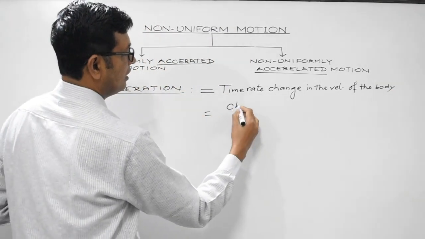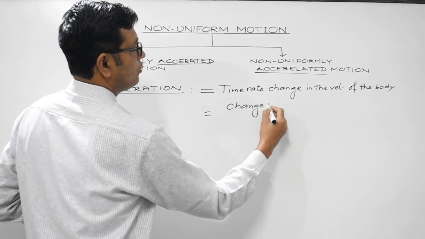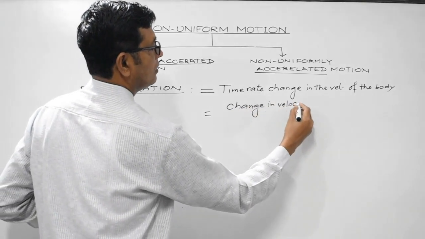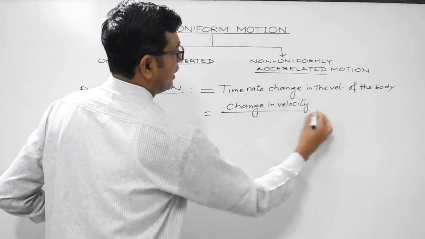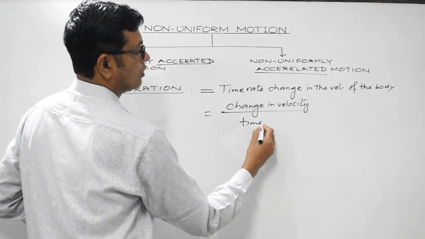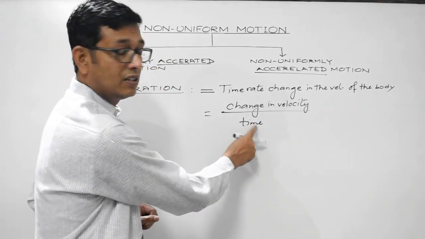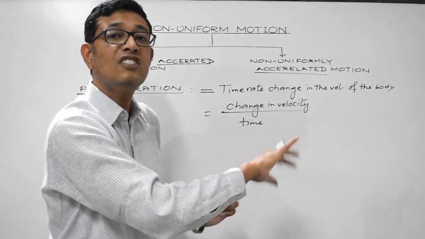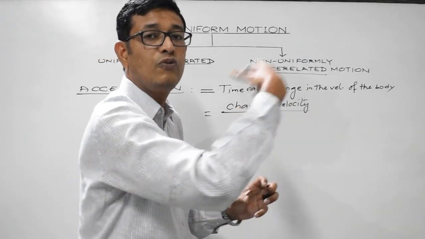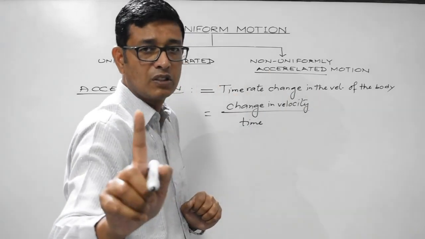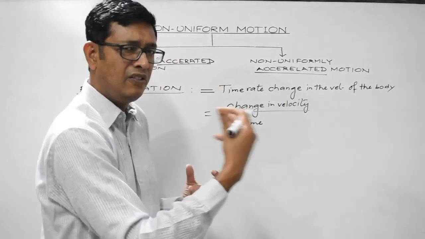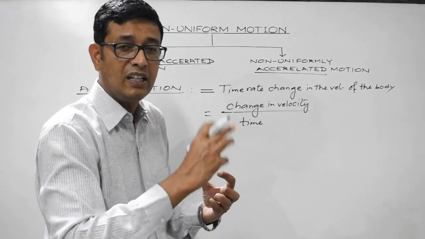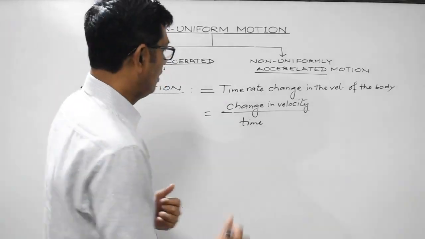So it is basically change in velocity of the body divided by time. Which time I am talking about? The time during which the velocity of the body has changed from its initial value to final value. And always remember, students, when I mention change in any physical quantity, change means final value minus initial value.